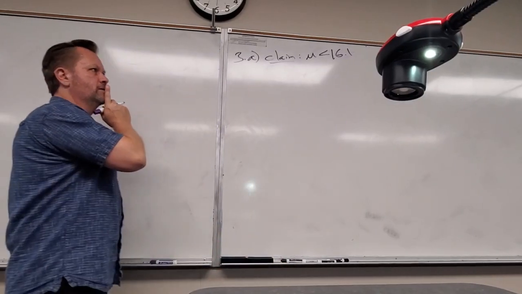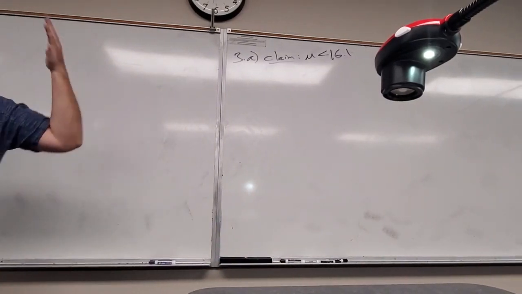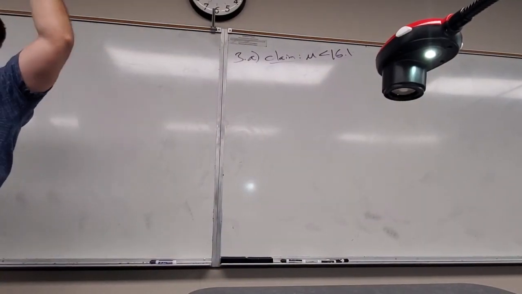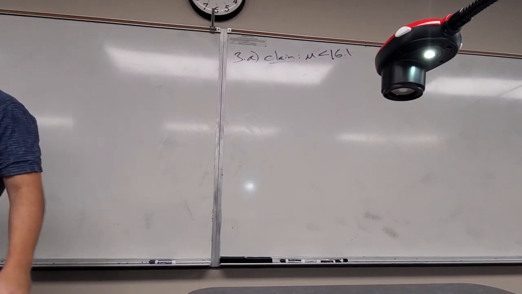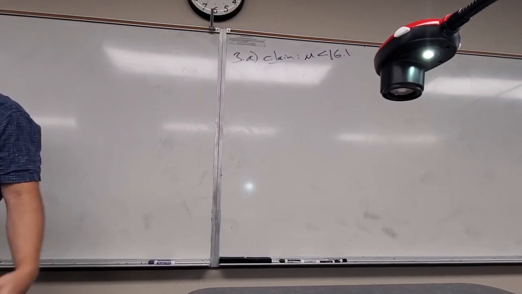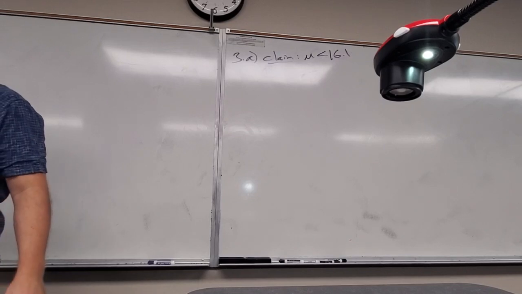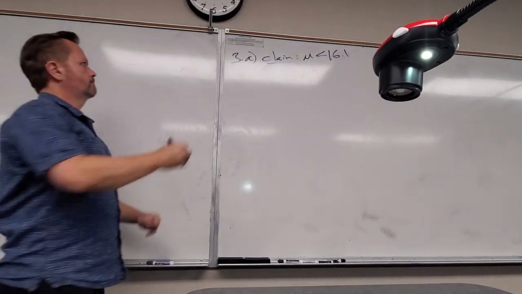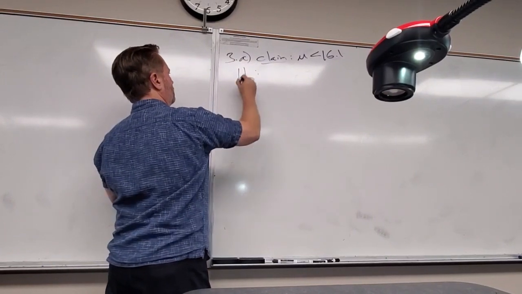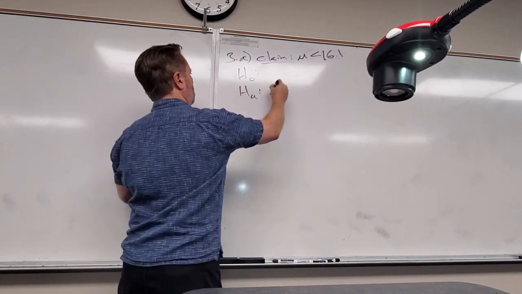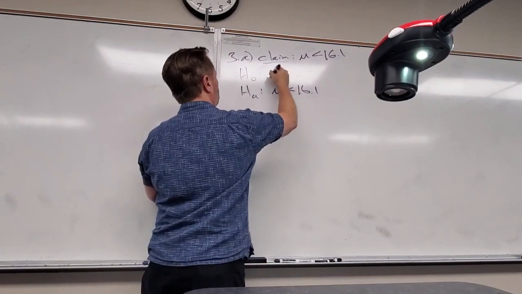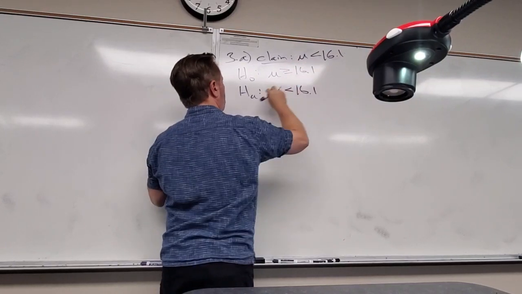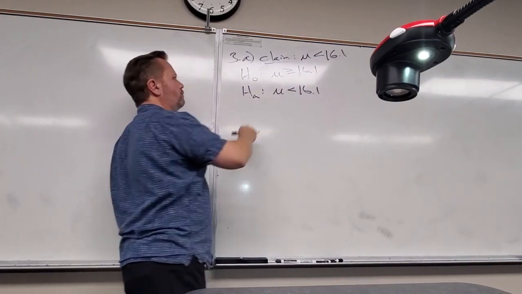So again, is that going to be the null hypothesis or the alternate? Yeah, because it does not have an equal sign. I always get people rushing through the first step.